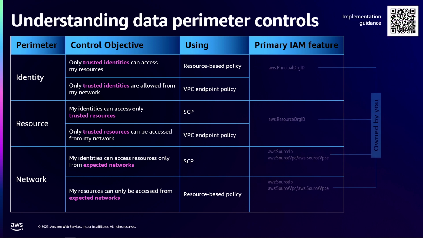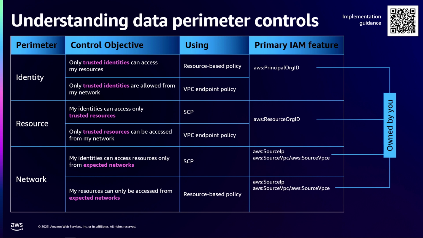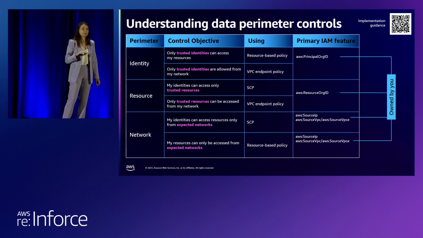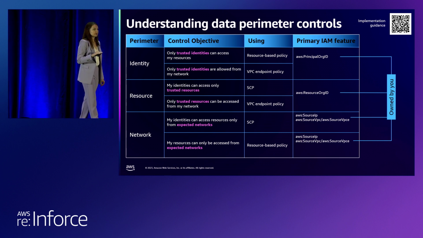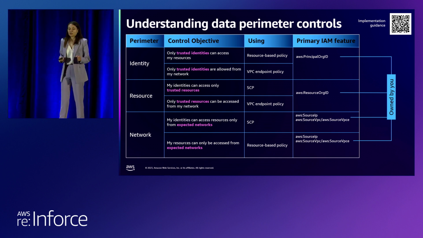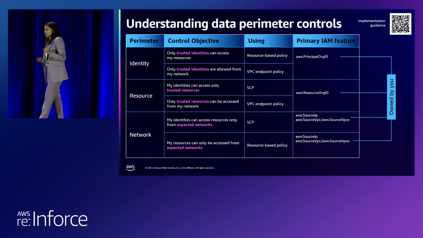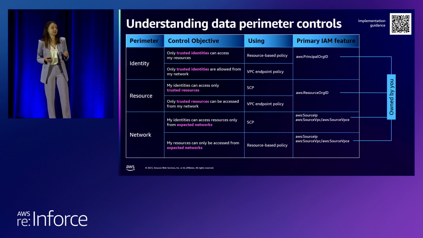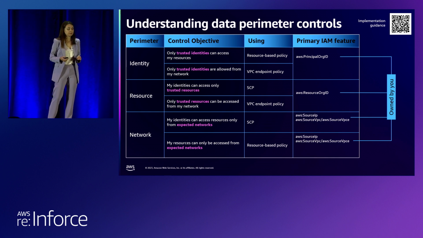There are main global condition keys, such as principal org ID, resource org ID, source IP, and source VPC, that allow you to restrict access based on who owns the principal, resource, and network that are involved in the request. For instance, principal org ID can be used to write a policy that denies access unless the principal that is making the call belongs to your organization.